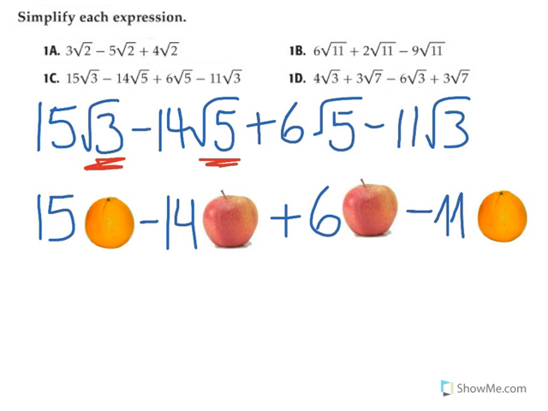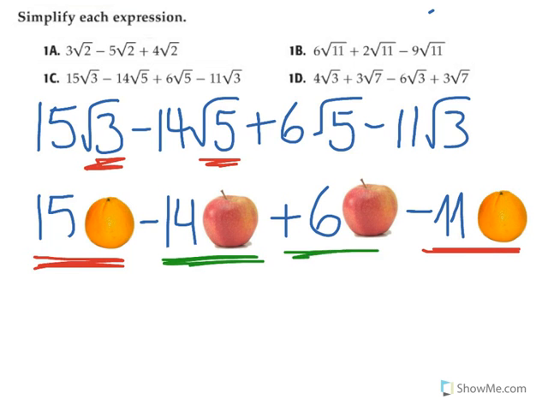So of course, it's obvious that we cannot perform this operation. 15 oranges minus 14 apples gives nothing. This means we are going to continue the operation with 15 oranges minus 11 oranges and minus 14 apples plus 6 apples.